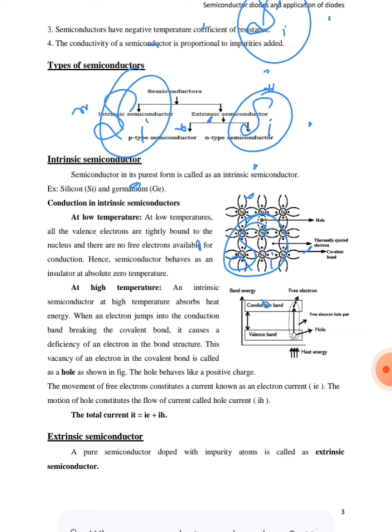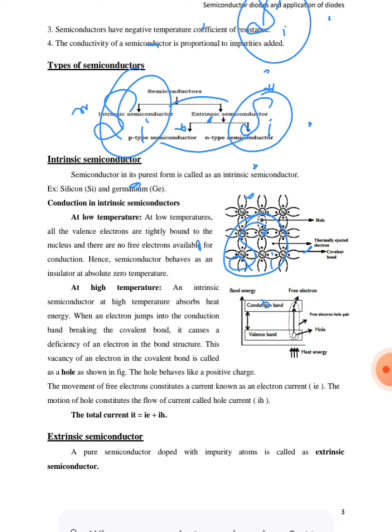If I look at this part, here I have one valence electron from this silicon atom, and this valence electron from this silicon atom, and these two valence electrons together form a covalent bond.